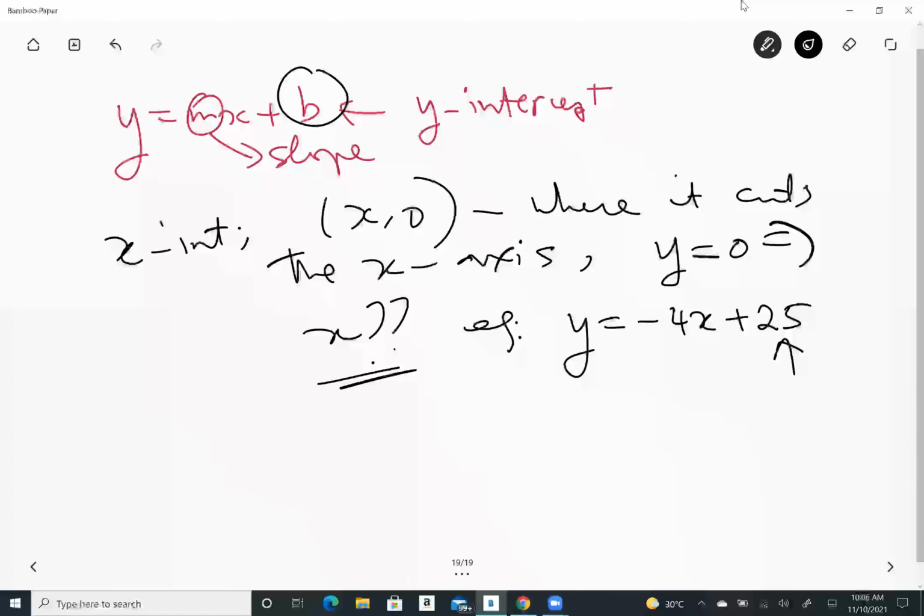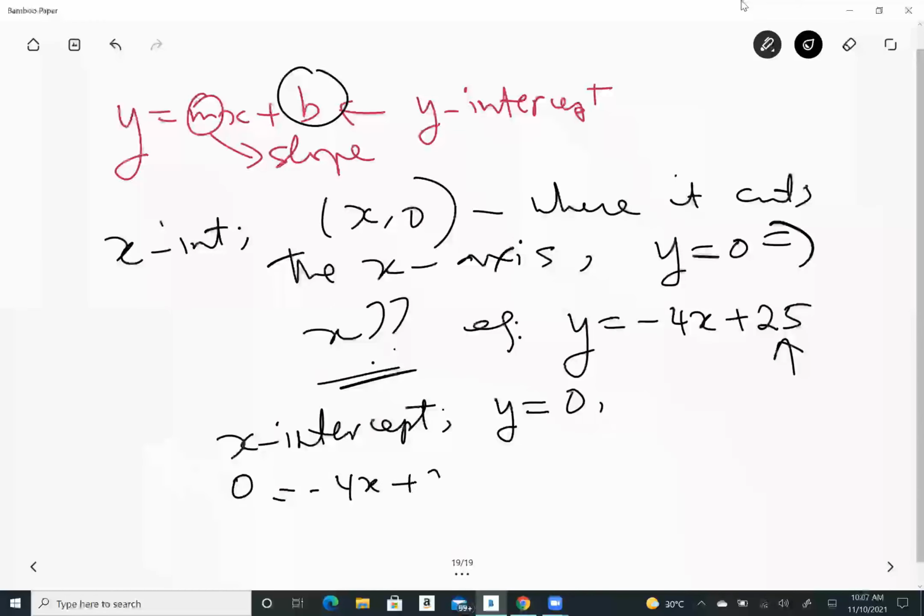But for the x-intercept, you need to determine the value. How do you determine it? You get the value of x when y equal to 0. So when y equal to 0, what is x? You have 0 equal to negative 4x plus 25.